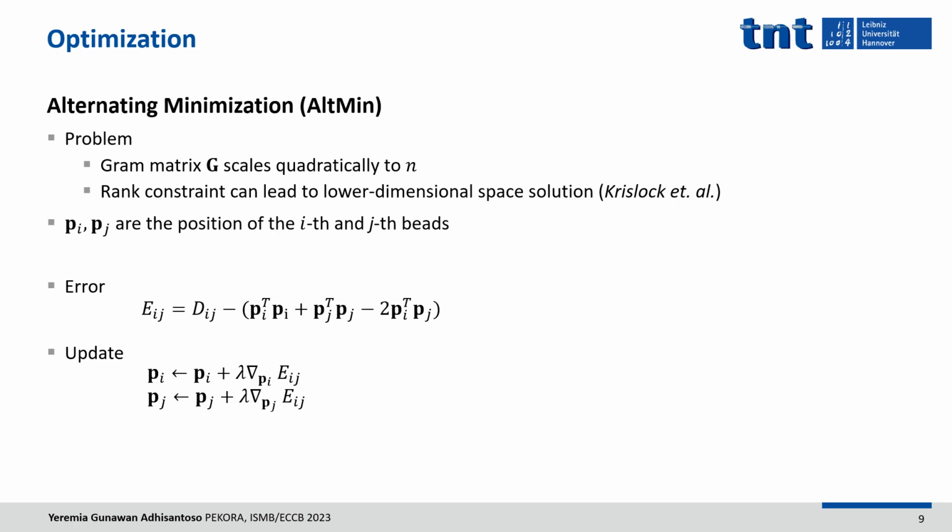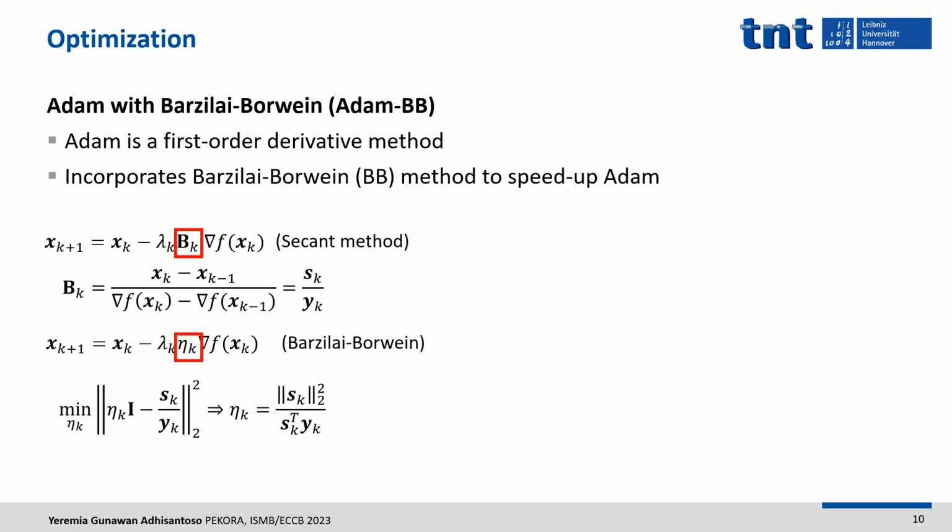The problem here is that it is not convex. Therefore, in order to update pi and pj, we do it separately. For example, to update pi, we consider pj as a constant, and at the same time, to update pj, we take the gradient of eij and keep pi constant.